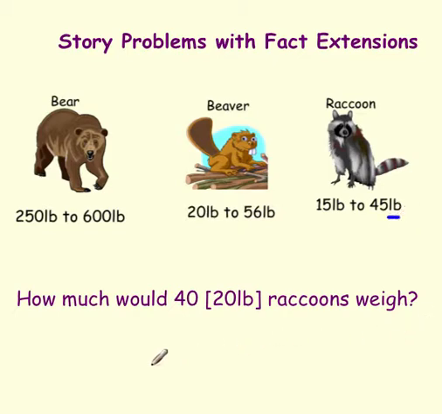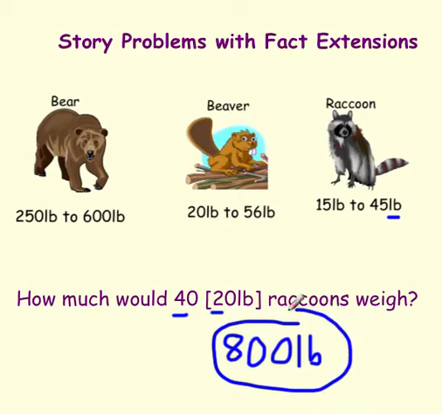My question is, how much would 40 20-pound raccoons weigh? I need to multiply. 4 times 2 is 8, and then I have tens times tens, which make hundreds. So 40 20-pound raccoons would weigh 800 pounds. Wow.